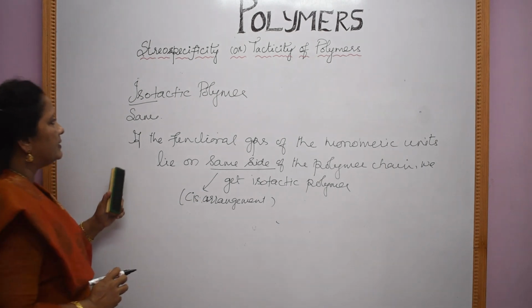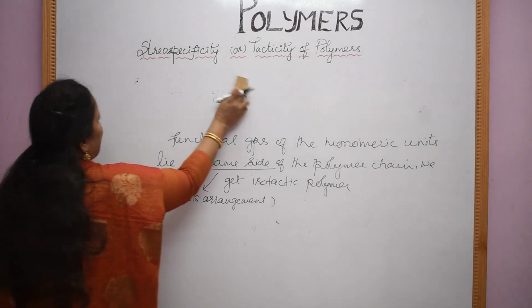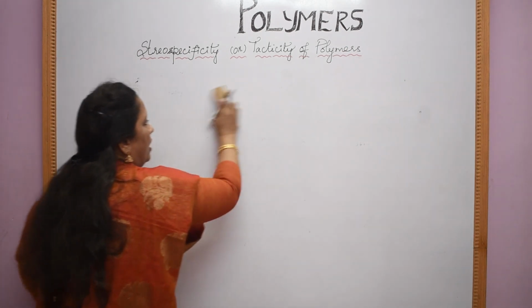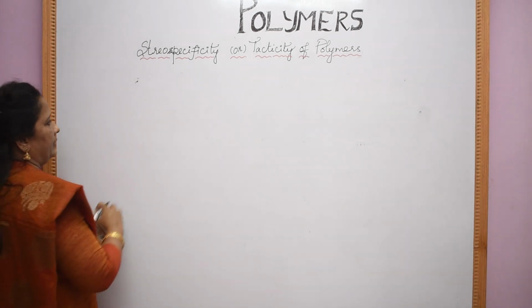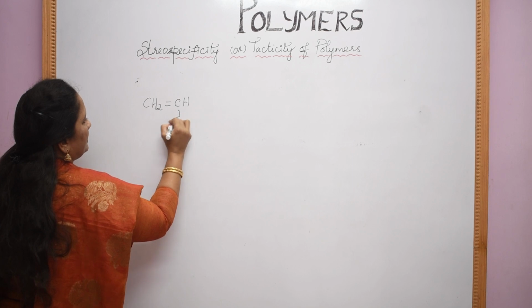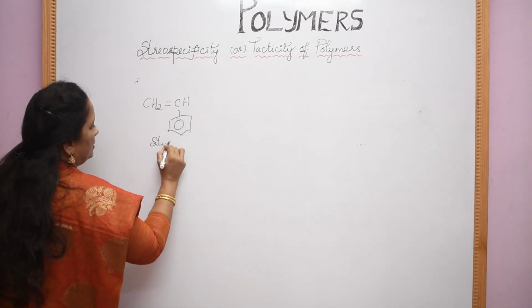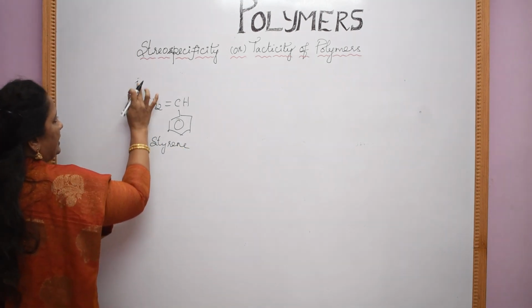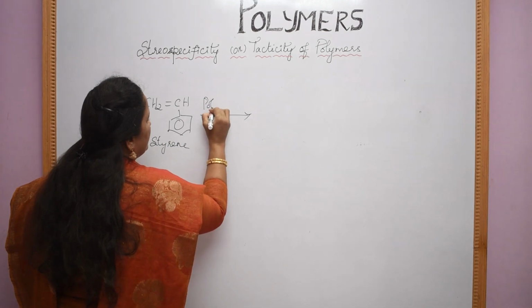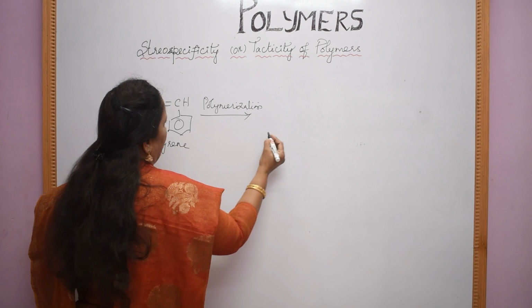So let us explain this isotactic polymer taking a simple example. Let us take the example of isotactic polystyrene. So we'll take the example of polystyrene, CH2=CH-C6H5. So this is your styrene molecule. Say n number of styrene molecules are undergoing polymerization to give polystyrene.